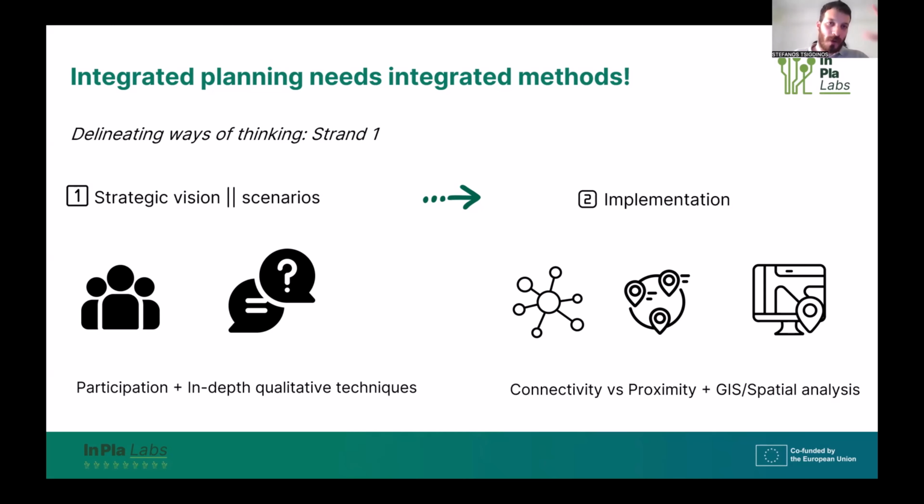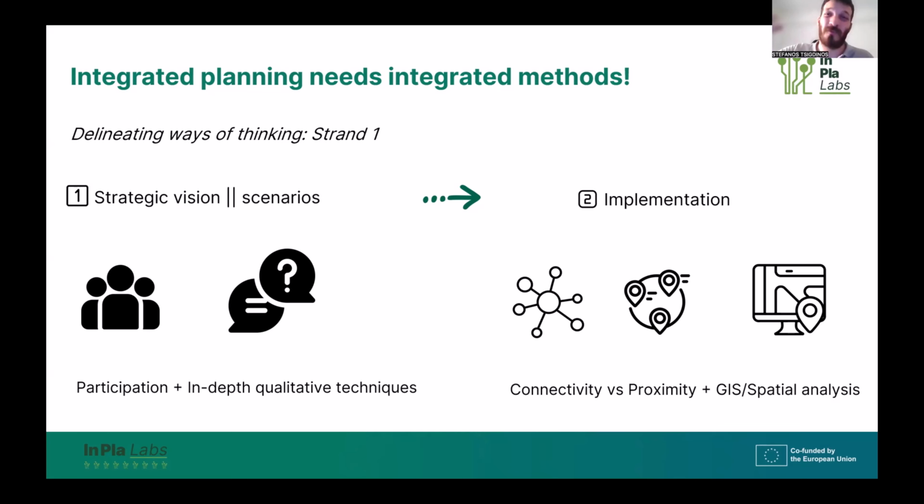So one example would be to have firstly the qualitative methods and participatory workshops, or some in-depth qualitative techniques like in-depth interviews that could give us insights about strategies, about the vision, or about scenarios.